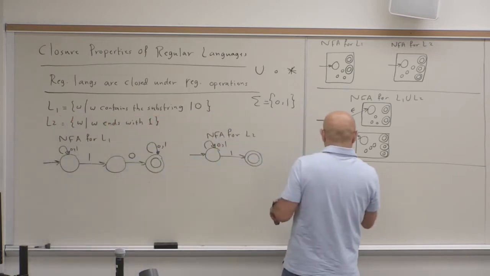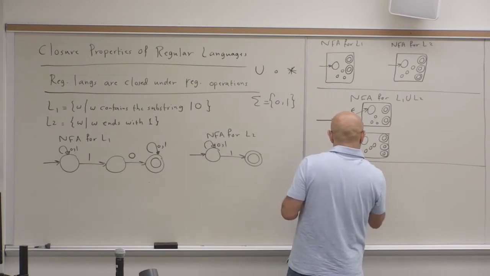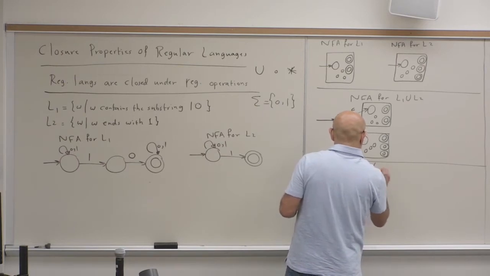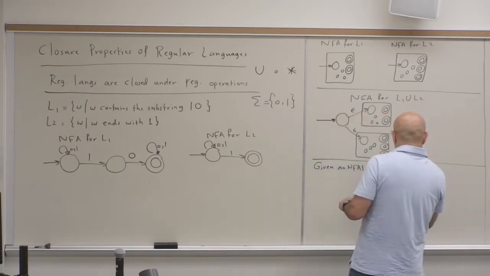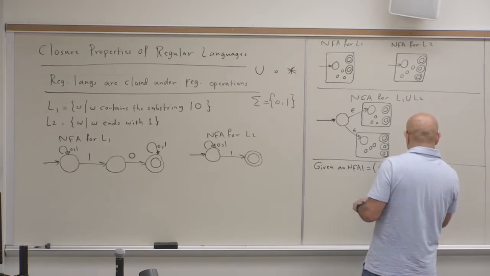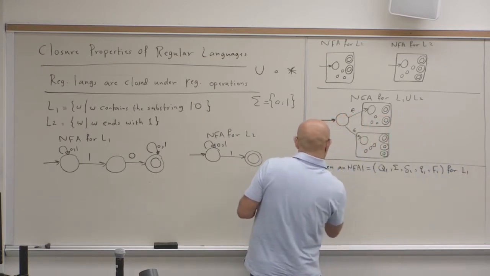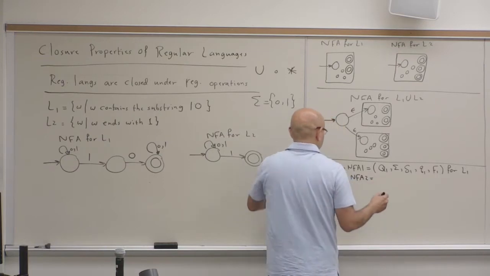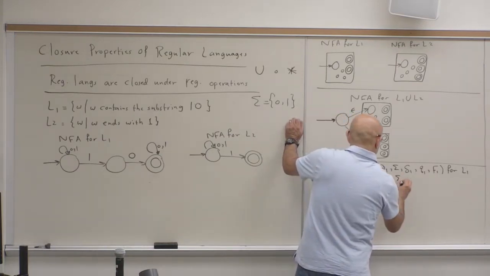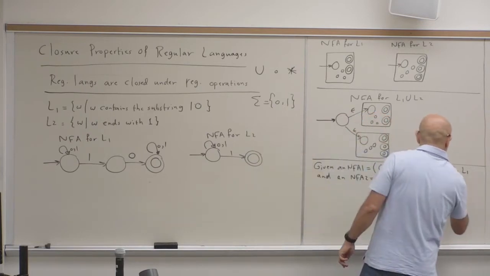Given an NFA 1 equals Q1, sigma, delta 1, q1, and F1 for L1, and an NFA 2, which is equal to Q2, sigma, delta 2, q2, F2 for L2.